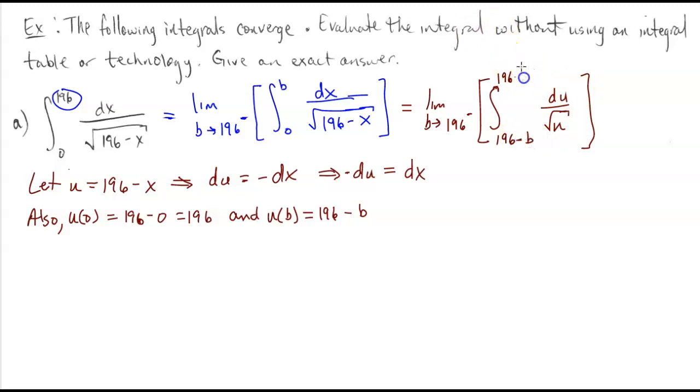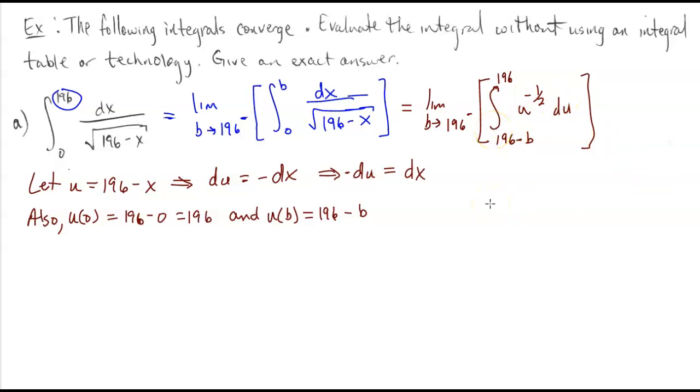So this will be 196 minus b. This is 196. And we know that this understood 1 divided by square root of u here, that is the same as u raised to the negative 1/2. So that's actually what we're dealing with here.